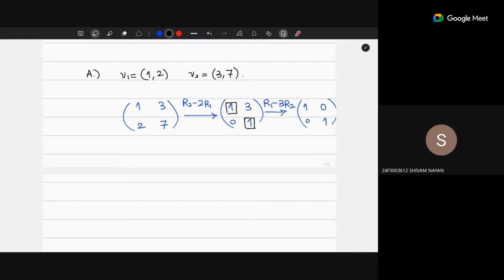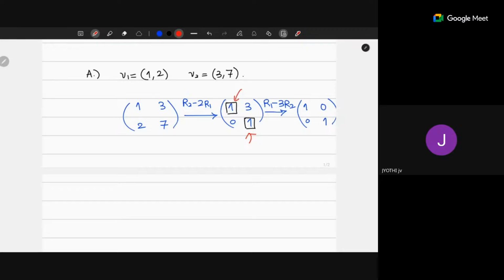Okay. And what are the bases of this spanning set? Sir, 1, 0 and 0, 1. And 1, 2 and 3, 7. Yeah, both of them are correct because we are using the column method. These pivot elements tell us that whichever column the pivot is in, that particular column is going to be a basis of the spanning set.